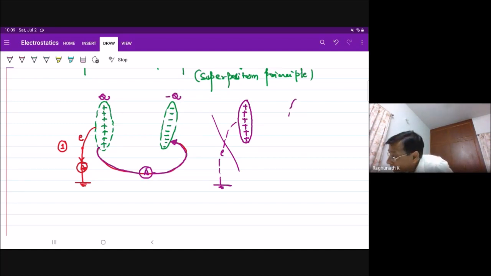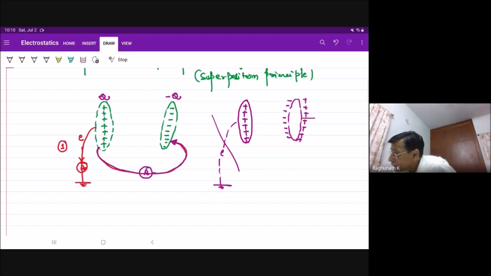If I keep an electrical object in its vicinity, what will happen? Negative charge gets polarized onto the surface nearer to the positive charge, and the positive charge gets polarized onto the surface away from the charge. Because it is just hanging, total charge on it should be 0. Negative charge moves towards the positive charge. Positive charge moves away.